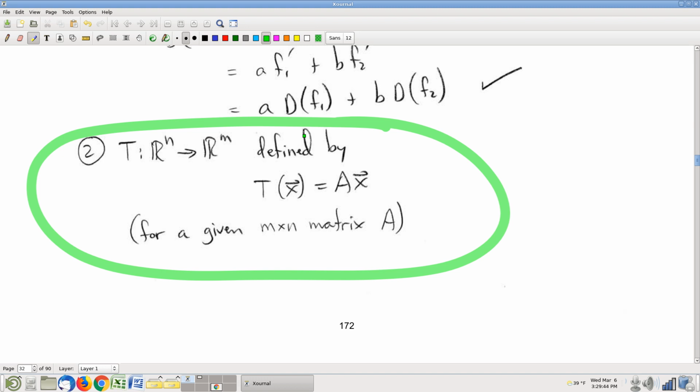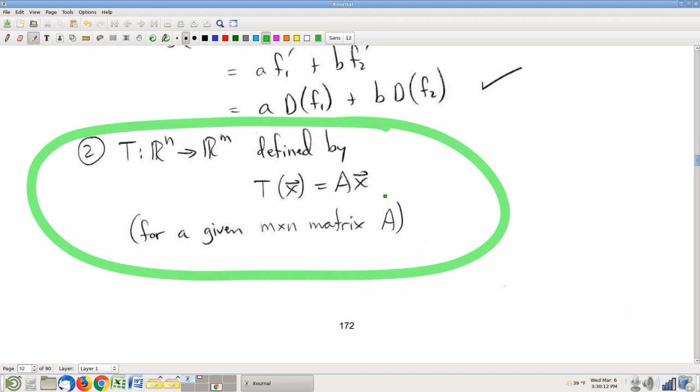The way you're going to prove that that is a linear transformation is you're going to put into it a linear combination of vectors, and then you're going to compute from the definition and apply a bunch of previously known facts about matrix algebra and get down to the appropriate expected linear combination out.